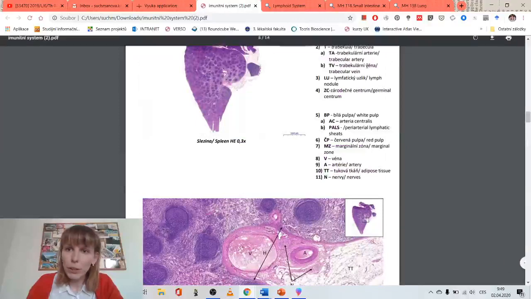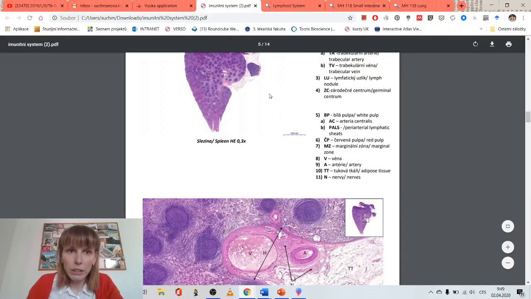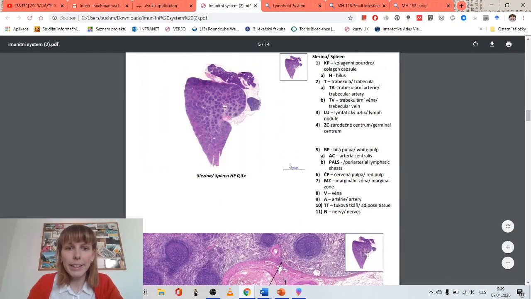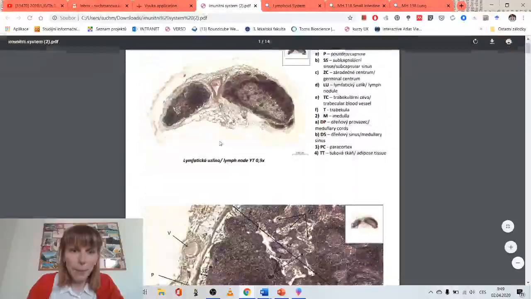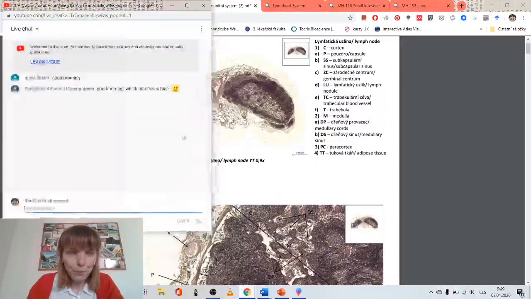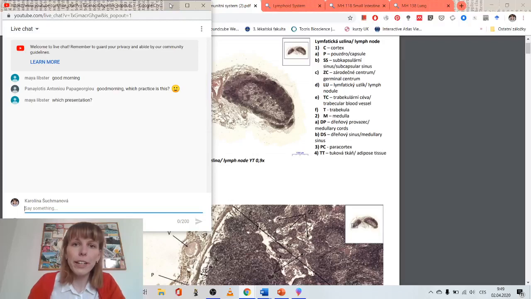We will be working with histology guide today. So histology guide and some pictures from this as well, maybe. Which practice is this? Yeah, so this is the first one.